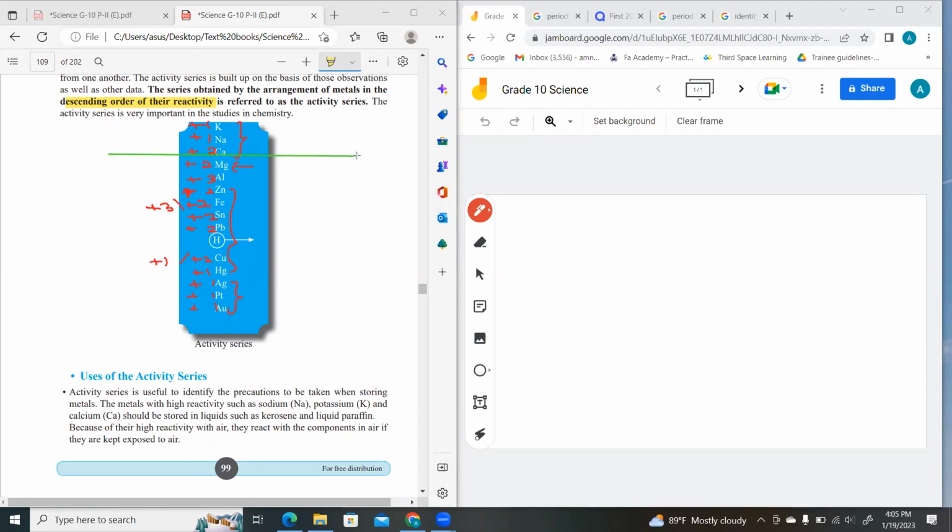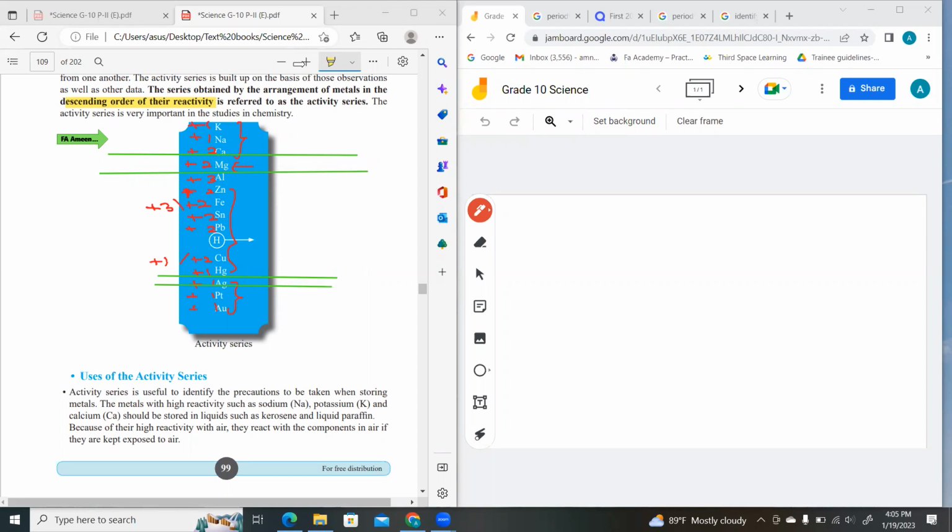Leave a space over here because magnesium has a special reactivity with water. So I have to explain those, and better leave a space over here. And this order should be memorized. You have to memorize this order. Then only it's easy for us to write the reactions.